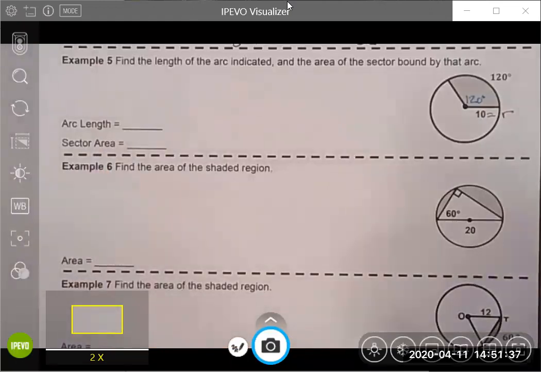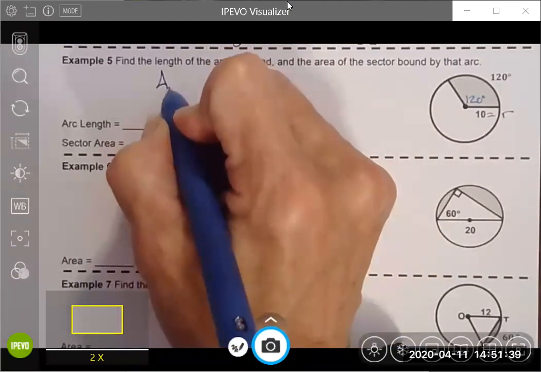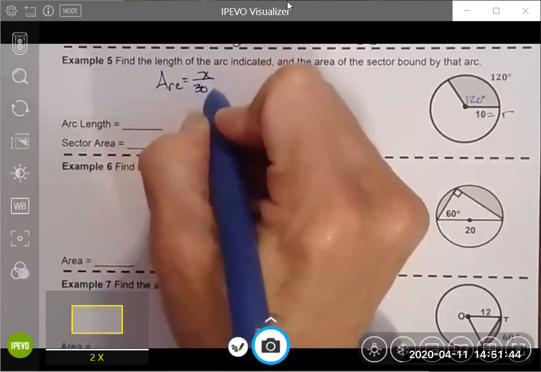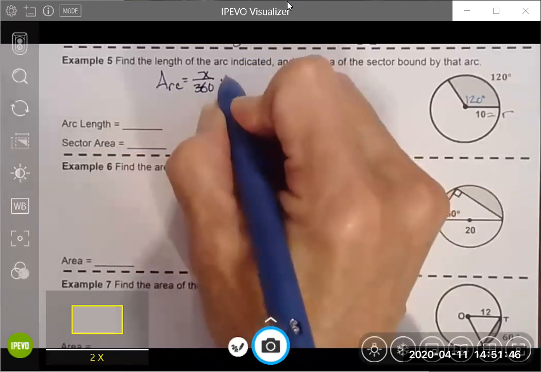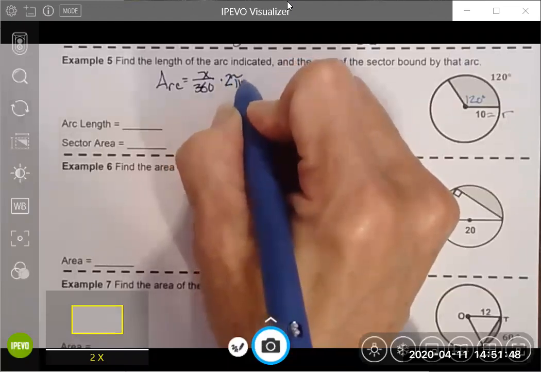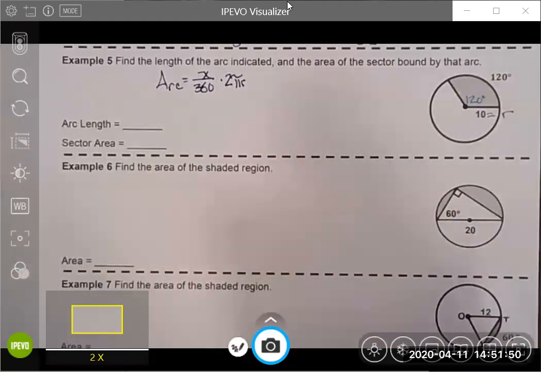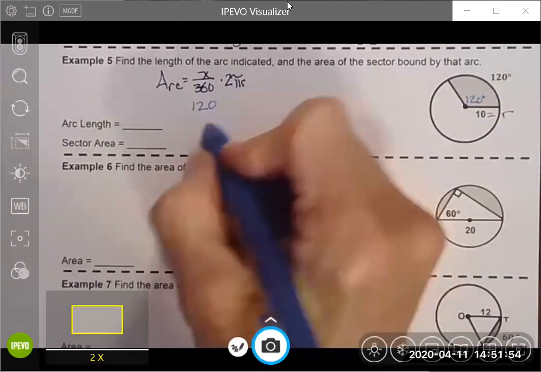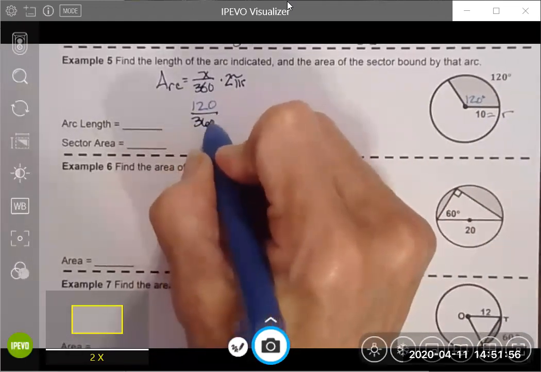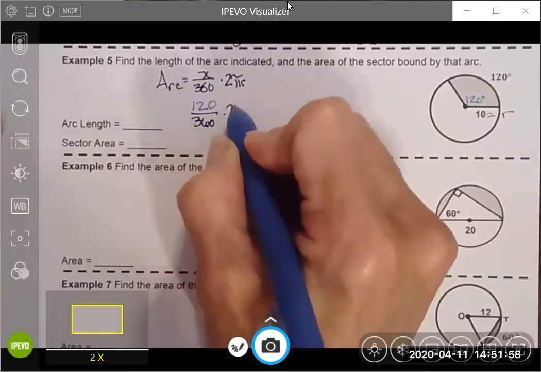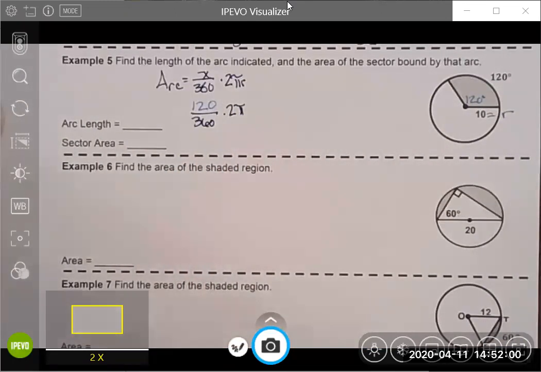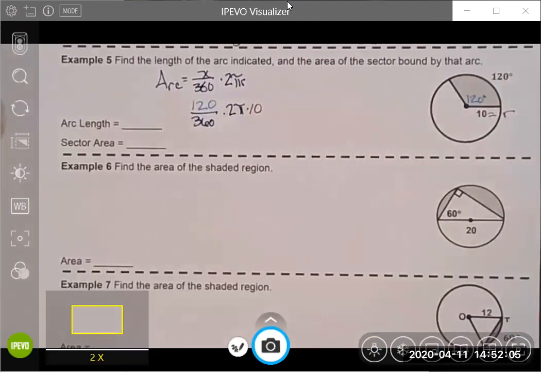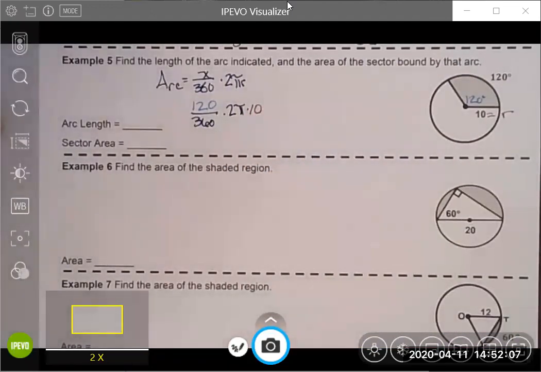I'm going to start by using the arc length formula, which again is a percentage of my circle times the circumference, 2 pi r. I'm going to substitute in what I already know, 120 divided by 360. You see that we've used that measure several times because it's free to use, and my radius is 10. From here, I do some algebra.